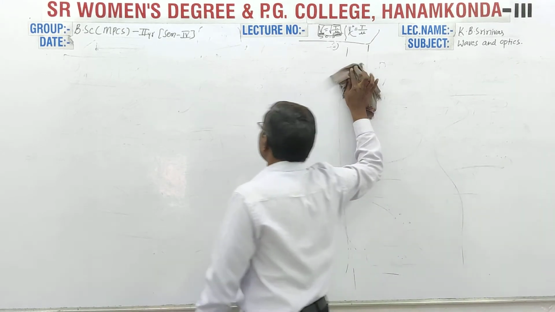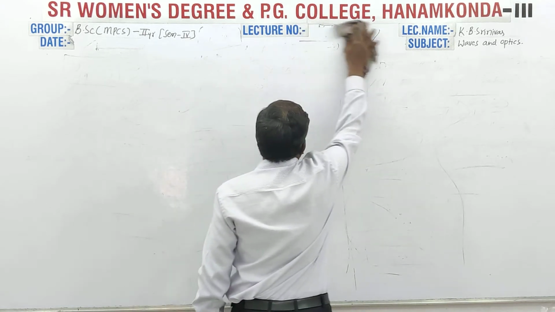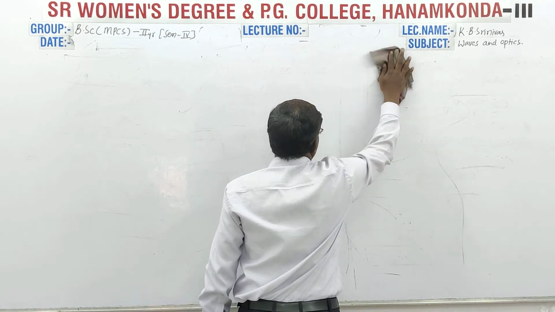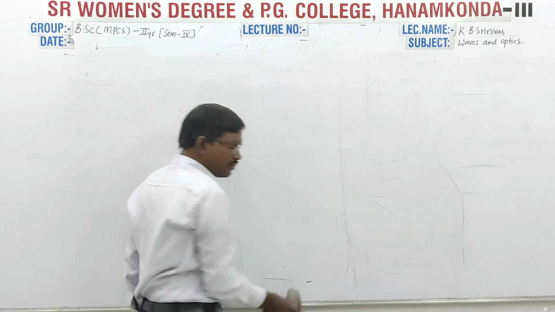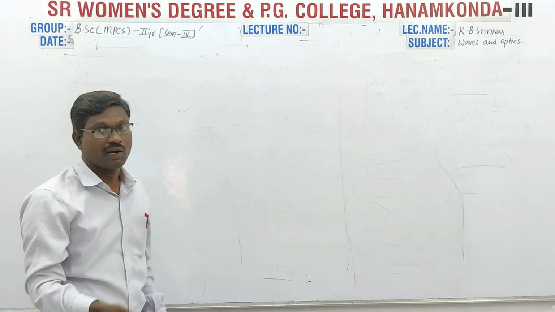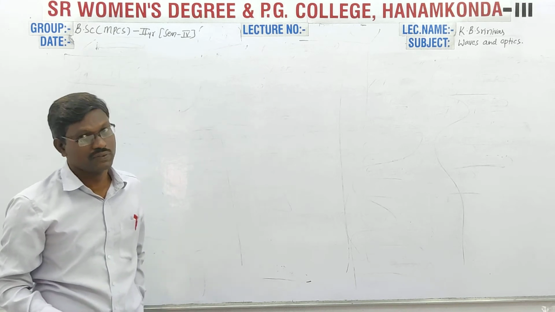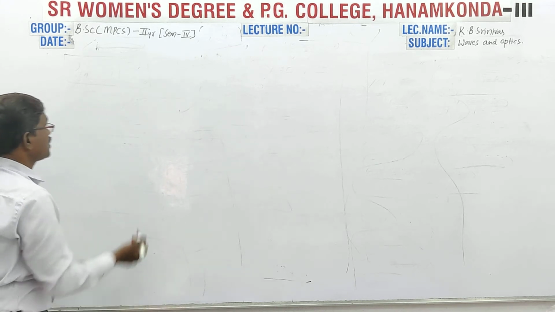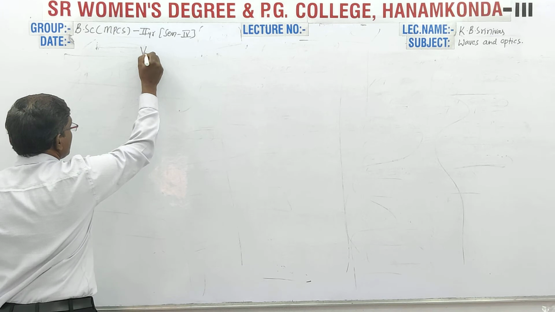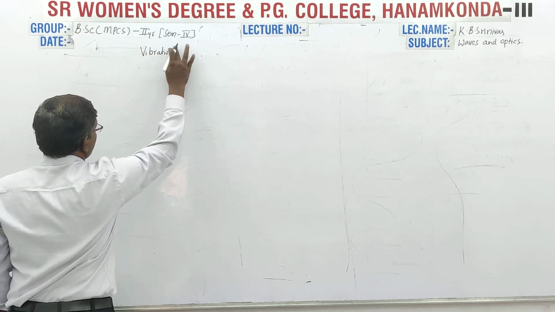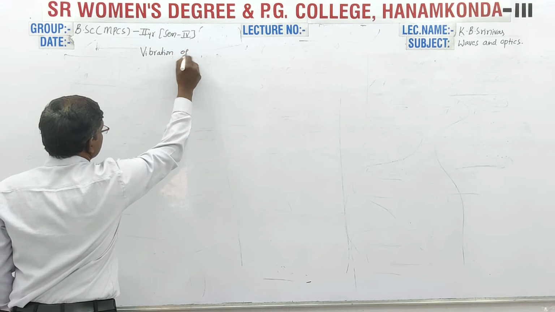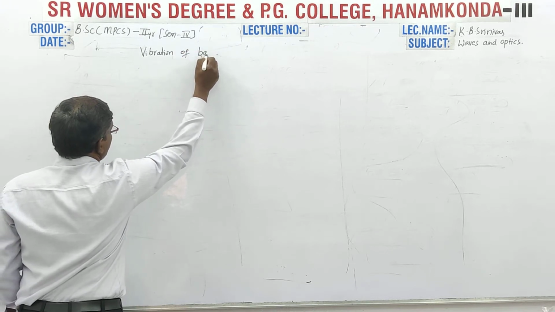When a string is vibrated, we observe only transverse waves. But when a bar is vibrated, we can observe sometimes longitudinal waves, sometimes transverse waves. So this is the second part of the first unit, vibration of bars.